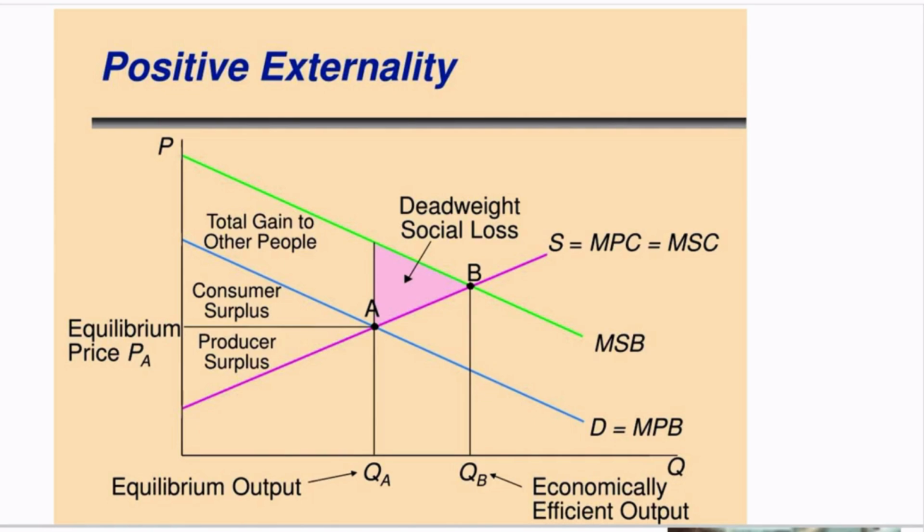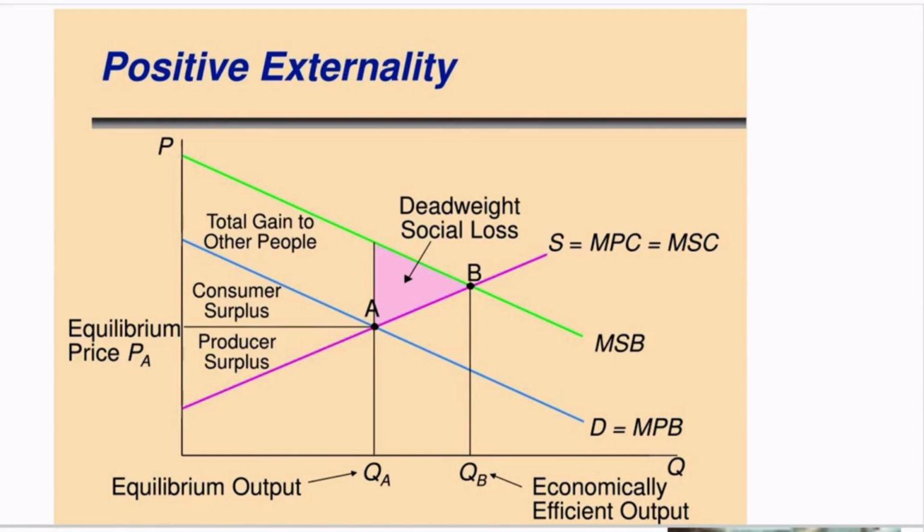So if you consider that as a demand curve, and if you consider the supply curve, which would reflect the marginal private cost, right? The supply curve at the marginal private cost would intersect the demand curve, which is the marginal private benefit curve, and you would get an equilibrium point A and the equilibrium output QA.